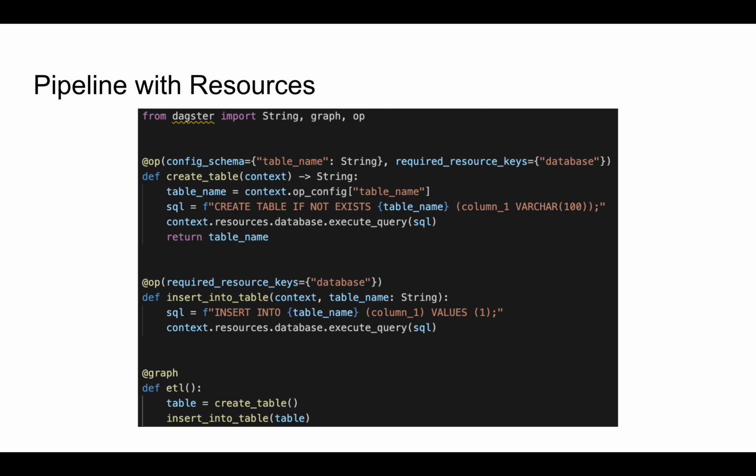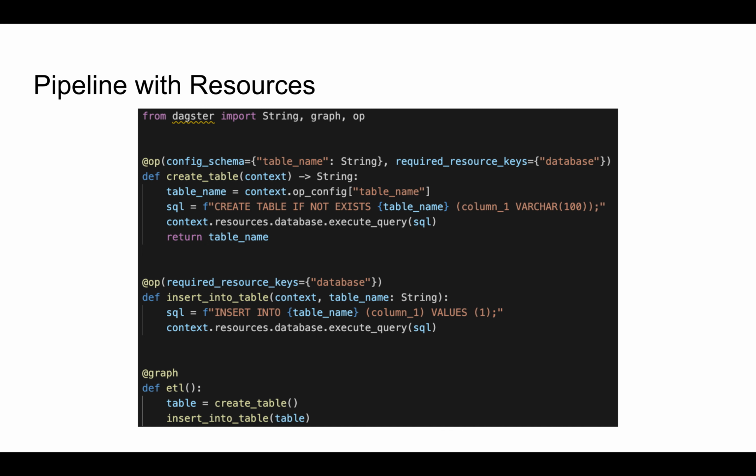So we're going to create a pipeline with a resource now. This should be pretty familiar to most people who do data engineering, having to build a pipeline that relies on a database. This pipeline very quickly creates a table if it doesn't exist and inserts a record into it.